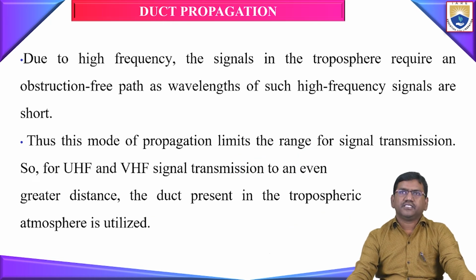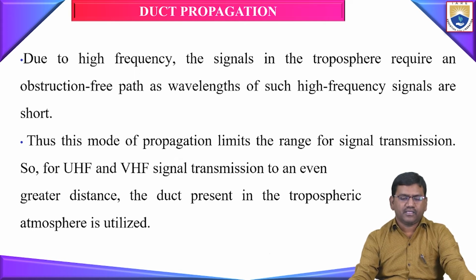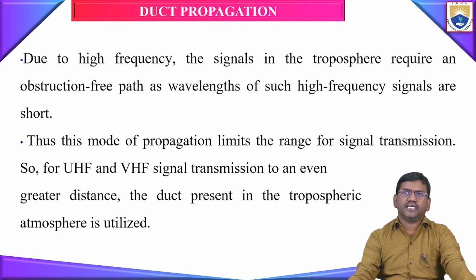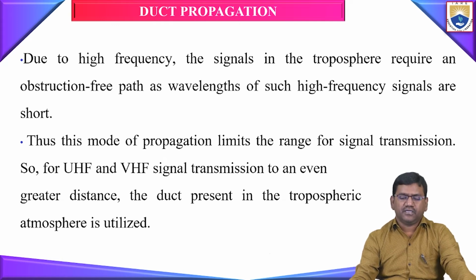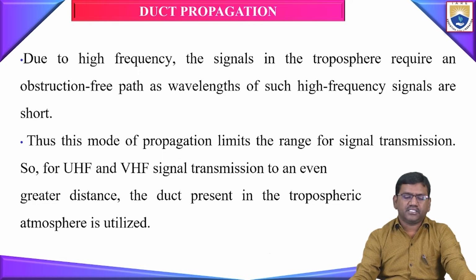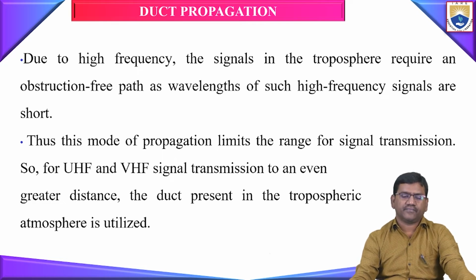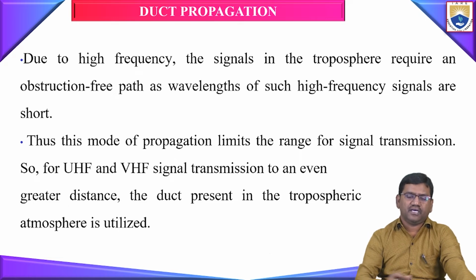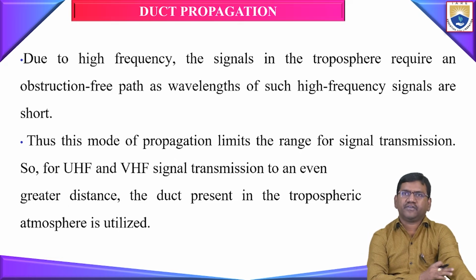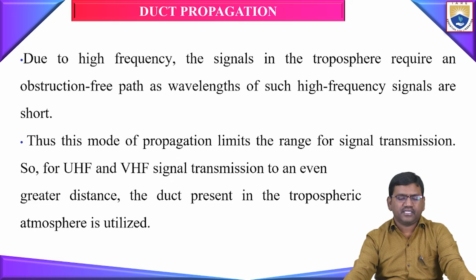So due to high frequency, the signals in the troposphere require an obstruction-free path as wavelengths of such high-frequency signals are short. So this mode of propagation limits the range for signal transmission. So for UHF and VHF signal transmission to an even greater distance, the duct present in the tropospheric atmosphere is utilized. All the ultra-high frequency and very high frequency signal transmission effectively utilizes the duct in the tropospheric region.